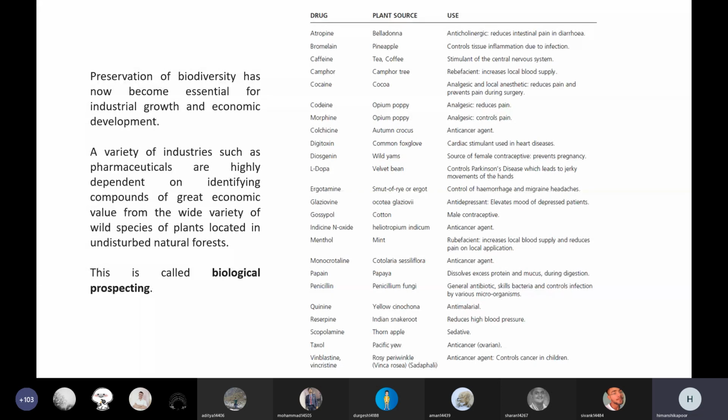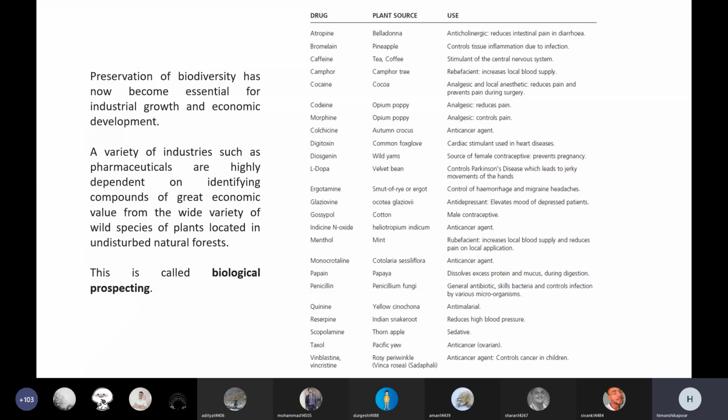And then we also have Taxol, which is again obtained from Pacific yew plant, and it is again an anti-cancerous plant. Then we have quinone, which is obtained from cinchona, and it is anti-malarial. And not only different kinds of drugs or chemicals, we also have antibiotics which we can obtain from living organisms.